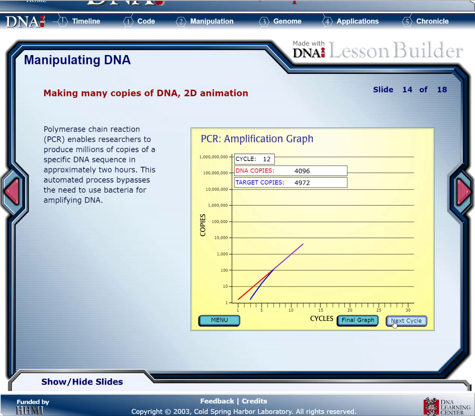As we see here, at 17 cycles, now we have 131,000 copies and target copies. It's pretty close. And that's this purple line here, where they're relatively the same and there is only a minimal difference between the two.